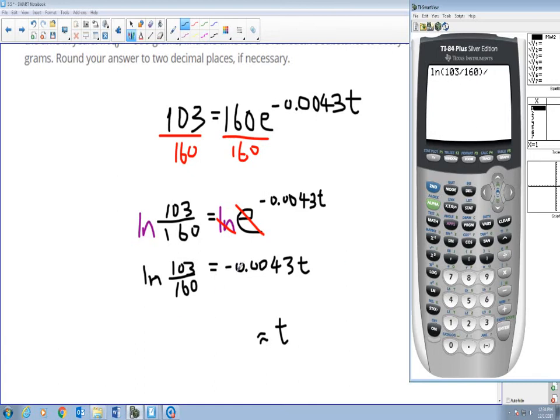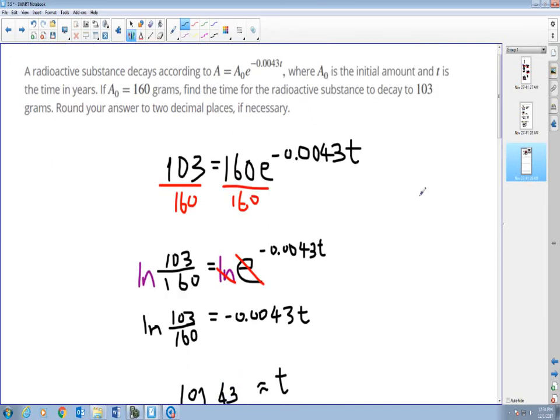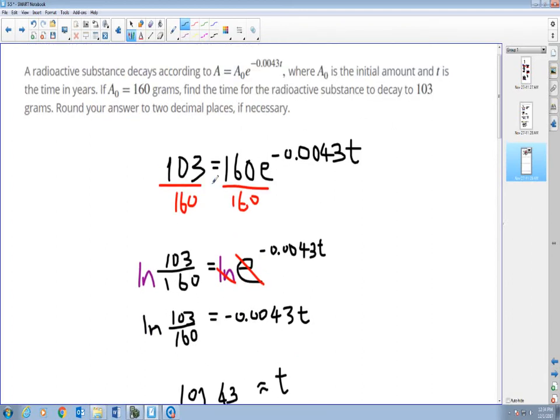Now I'm going to divide it by my coefficient, negative 0.0043. My time, rounded to 2 decimal places, will be 102.43 years. It will take that many years, because t was in years, to decay down to 103 grams.